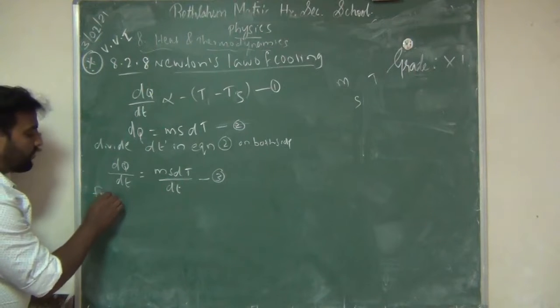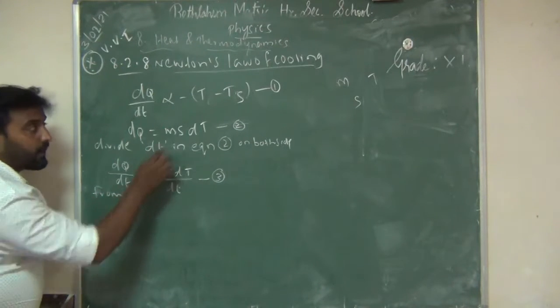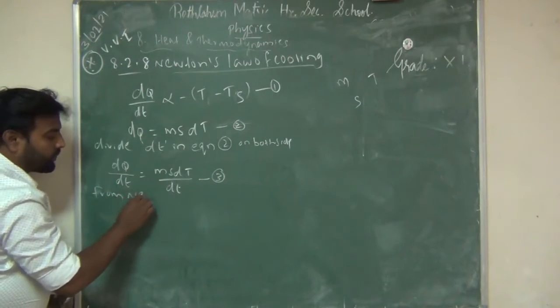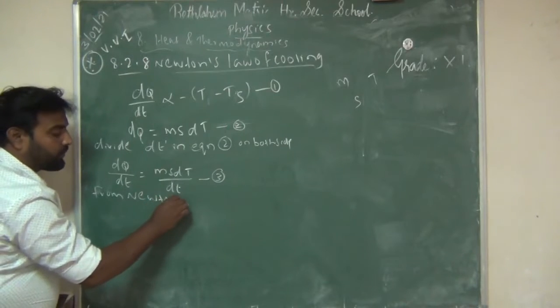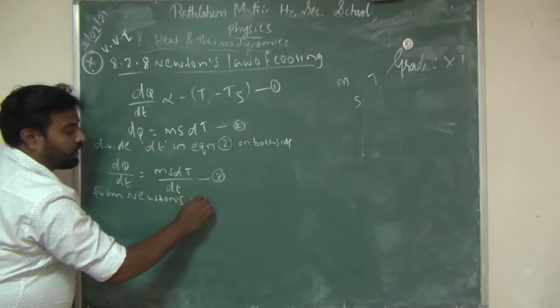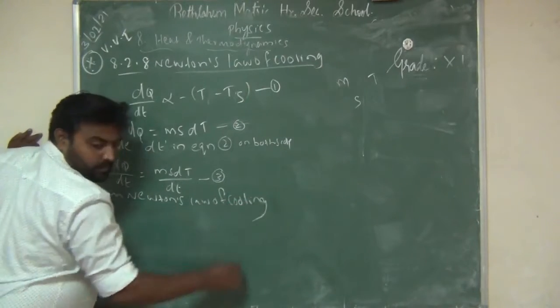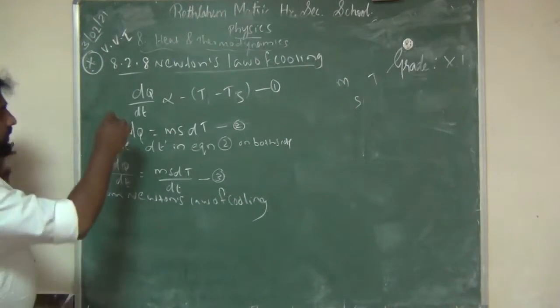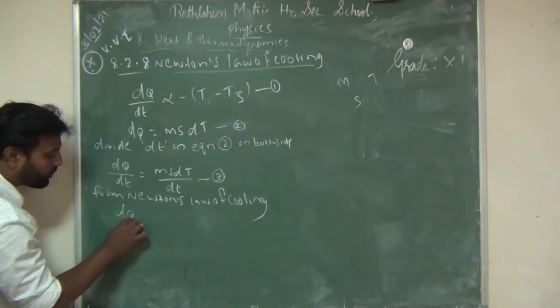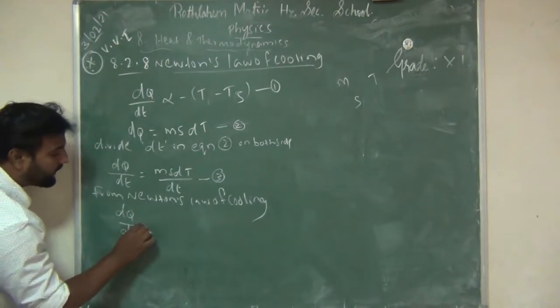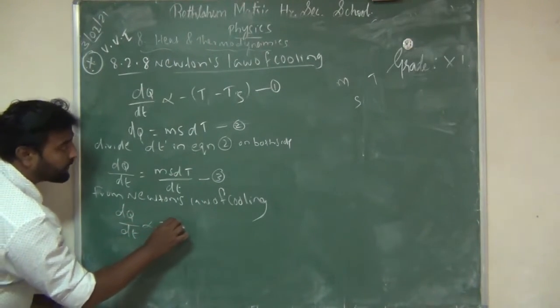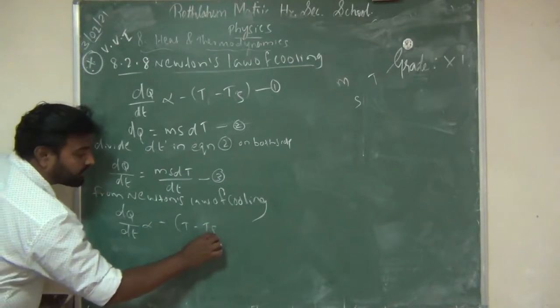Now, from Newton's law of cooling, you can write dQ by dt is directly proportional to T minus Ts.